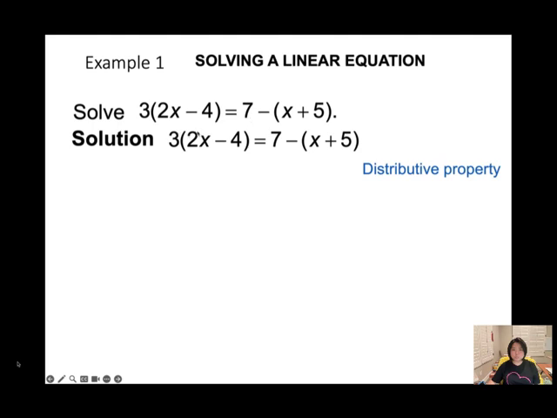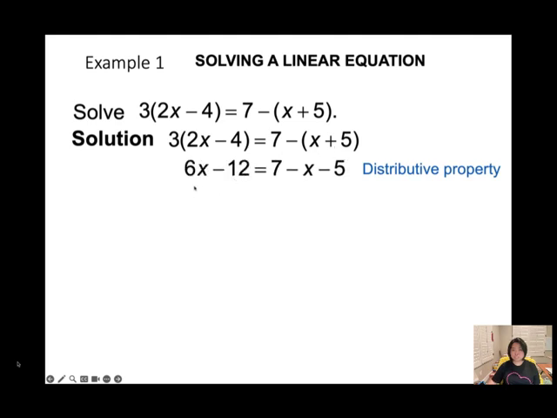We want to distribute the 3 to both terms: 3 times 2x minus 3 times 4. And also, on the right hand side, this is 7 minus, we're going to distribute the negative 1 here. They don't put the 1 here, but we know that this means negative 1. So negative 1 times x and negative 1 times plus 5 here.